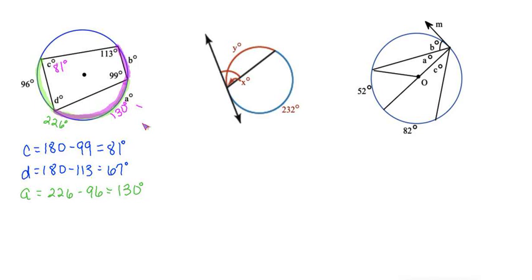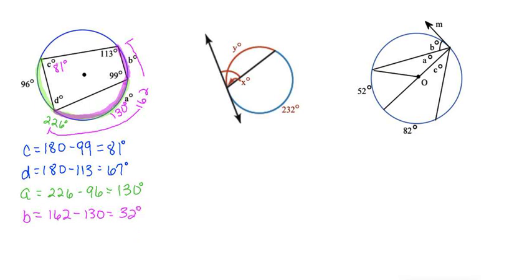So the whole pink arc is 162 all the way from here to here. So if A is 130, B is what remains. So that means B equals 162 minus 130, which is 32 degrees.